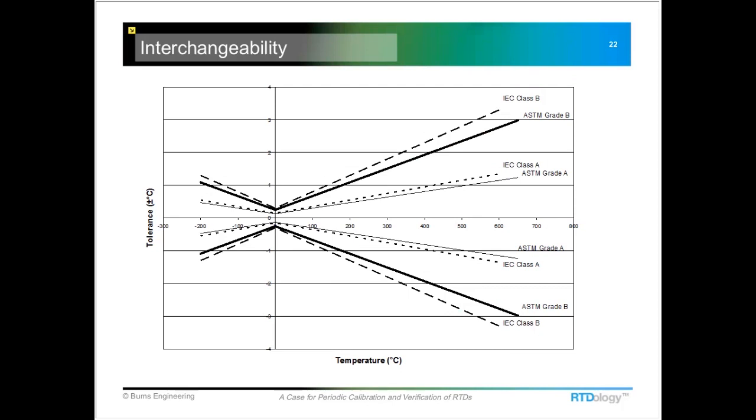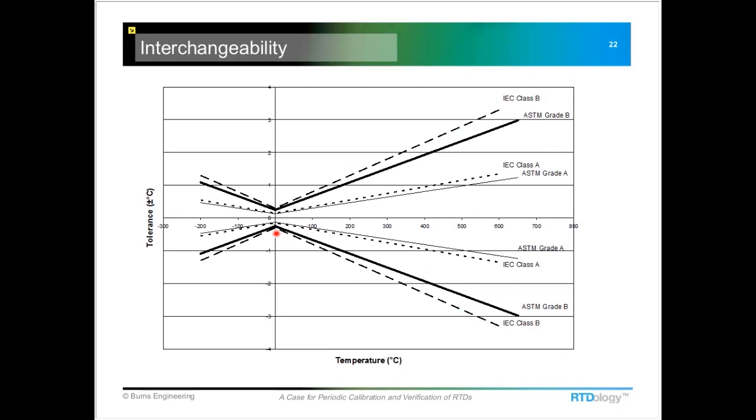And then the two standards, they vary a little bit. The IEC has a little wider tolerance band at higher and lower temperatures as you move away from 0 degrees C. At 0 C, they're going to be the same. For a Class A probe, it's going to be plus or minus 0.06 ohms, so it'll be at 100 plus or minus 0.06 ohms.